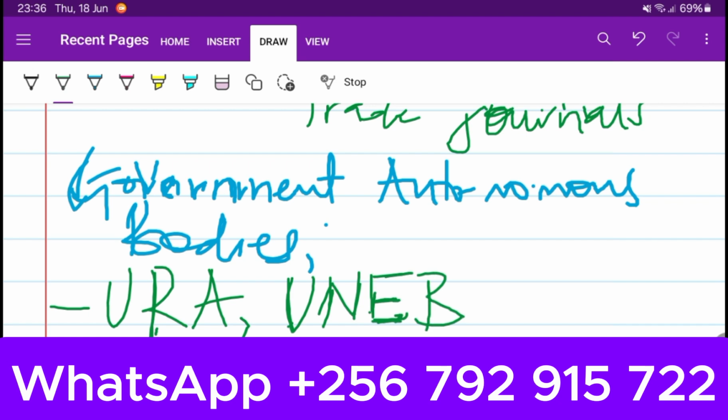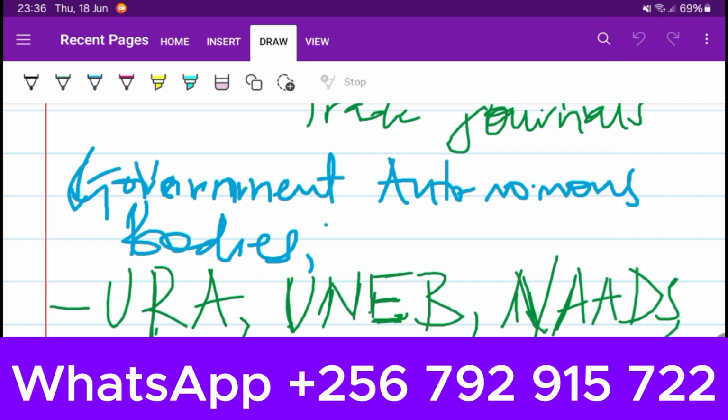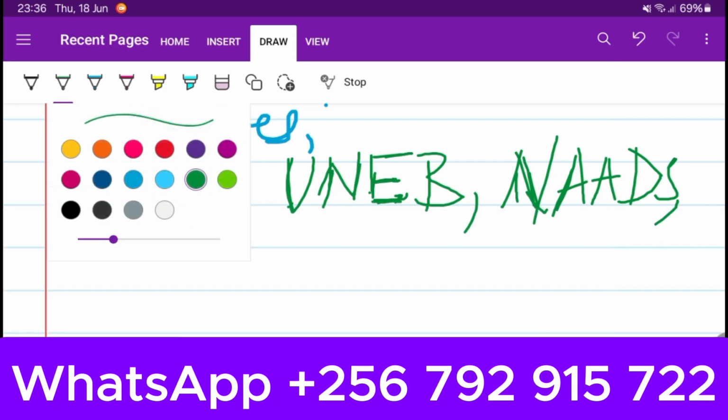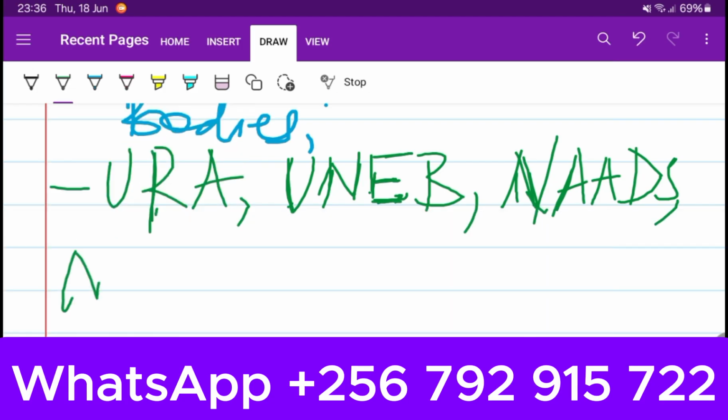Of course, we can have like NSSF. These are some of the entities that we can talk about. We can also talk about NEMA, the one for environment management.